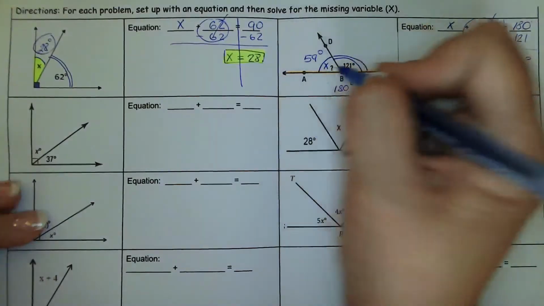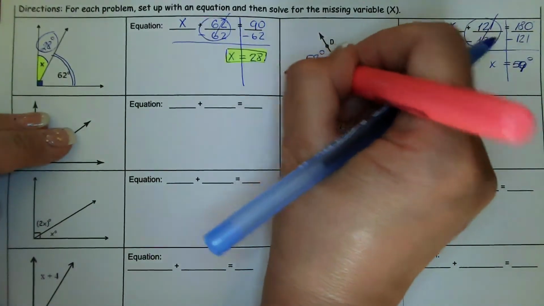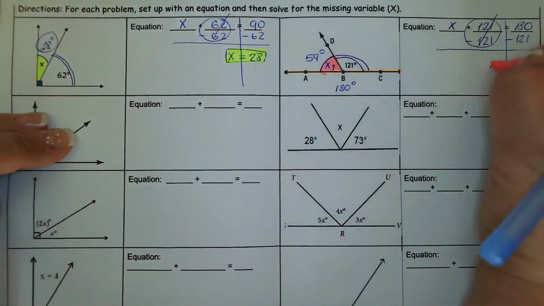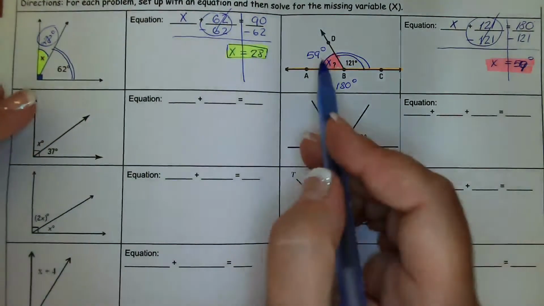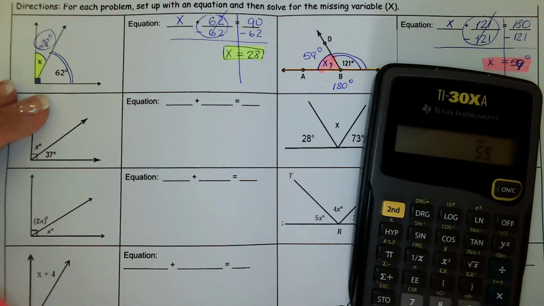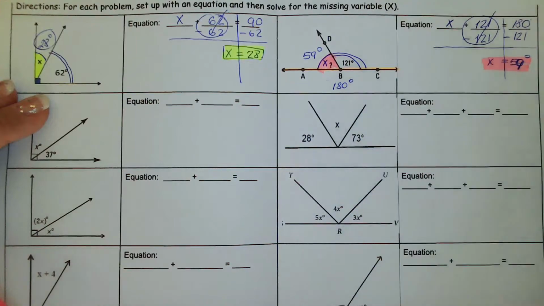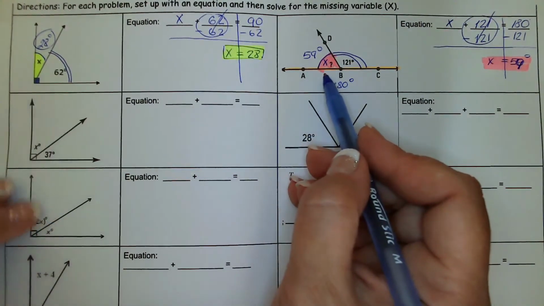If I substitute instead of x here and check, 59 plus 121 equals 180. Supplementary relationship.